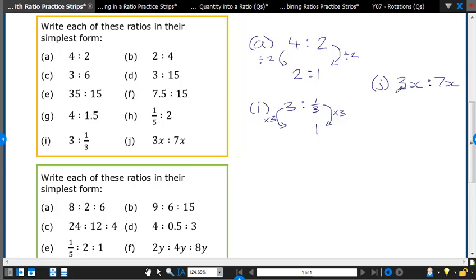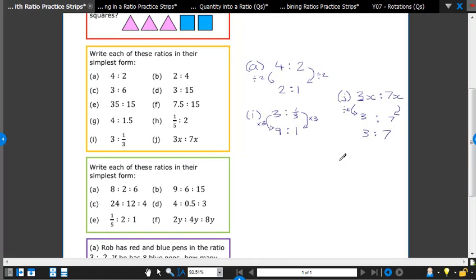So we're going to just divide both sides by x. 3x divided by x is just 3, and 7x divided by x is just 7. So it's going to be 3 to 7. Oh, sorry, on this side, I should finish. 3 times 3 is 9, so that's going to be 9 to 1. Sorry about that. So it's 9 to 1 over here, 3 to 7 over here. That's it.